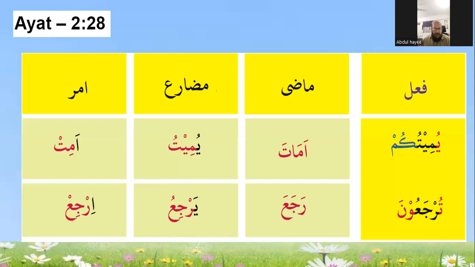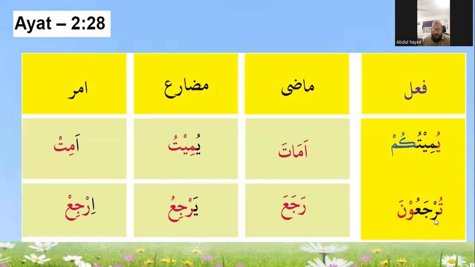Please try to understand how from a given word we make the mazi, how we develop the mudari, how we develop the amal. Look, we want to find out the root letters first. Remove ta, remove vav.